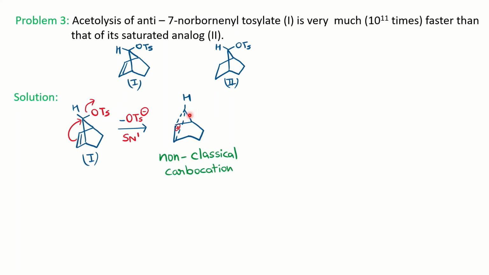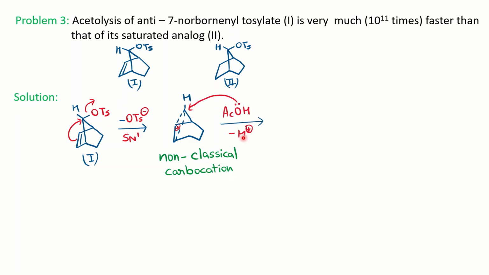So non-classical carbocations are three-center, two-electron systems. Three center, two electrons are called non-classical carbocation. So this carbocation is not restricted to a particular carbon, rather it is a delocalized carbocation, right? Non-classical, three-center, two-electron carbocation. And if the carbocation forms, we have the SN1 mechanism.